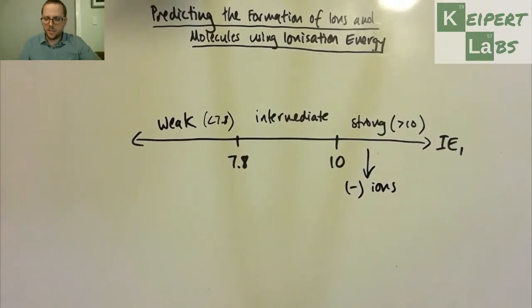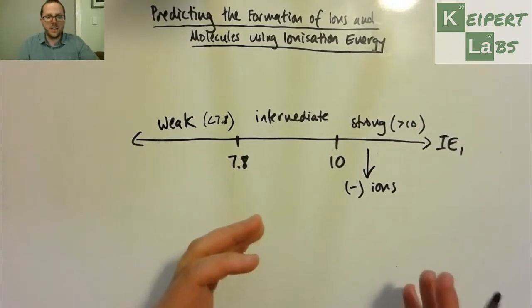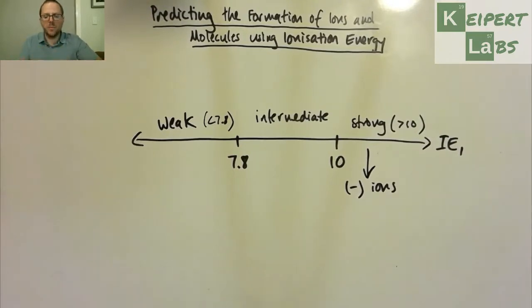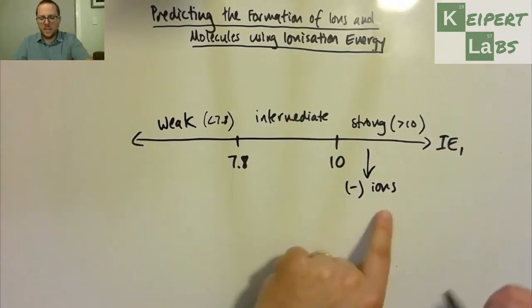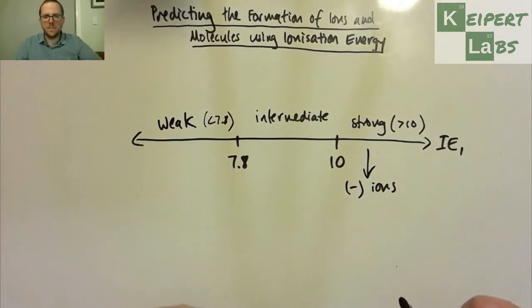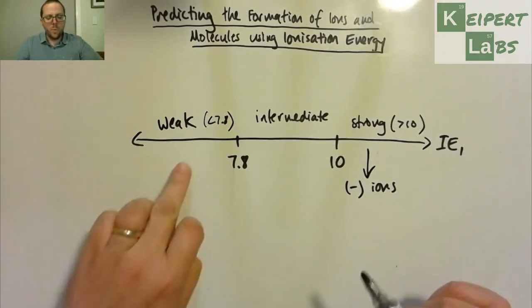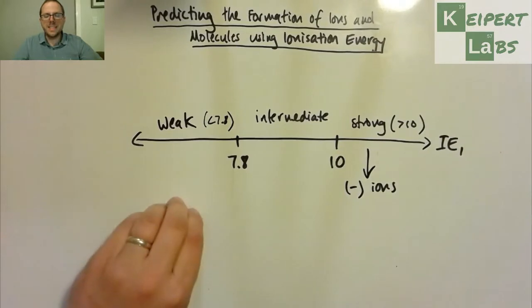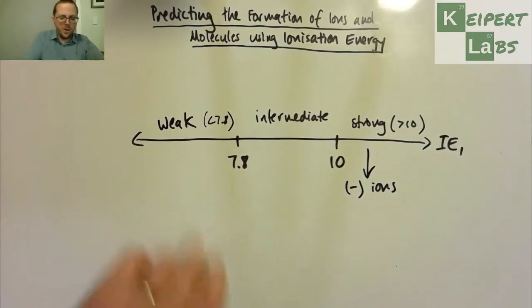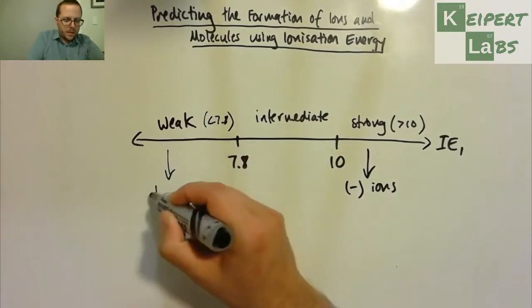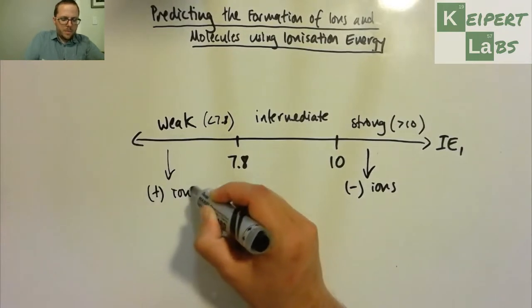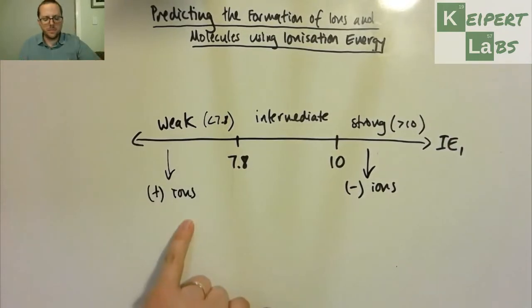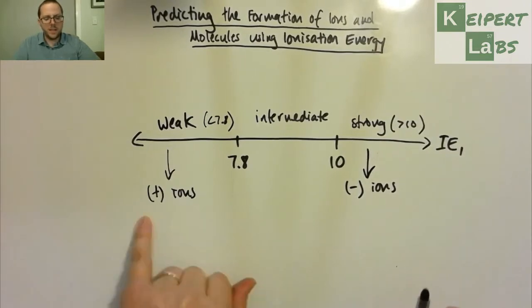Not exclusively; these are more like guidelines than concrete, unbreakable rules. Likewise, if an element has weak attraction for its electrons, it's less likely to hold on to its own, so it's more likely to form positive ions. So negative ions for something that's strong, positive ions for something that is weak.